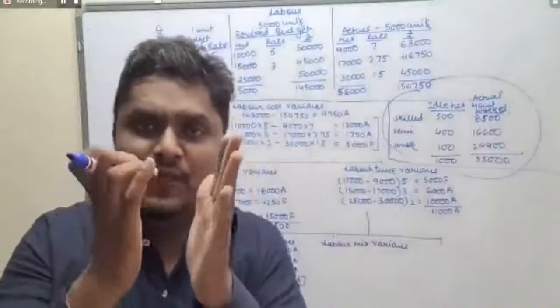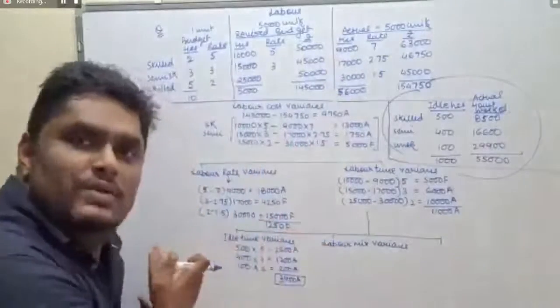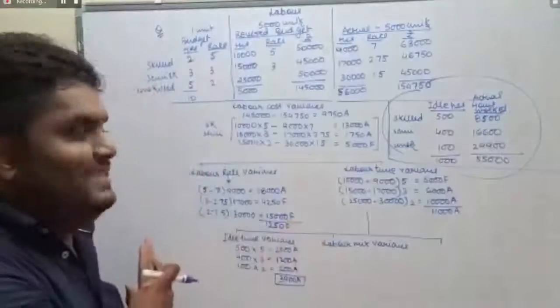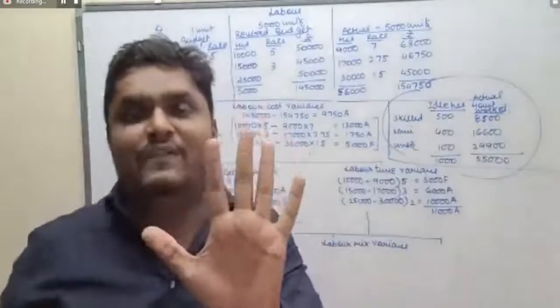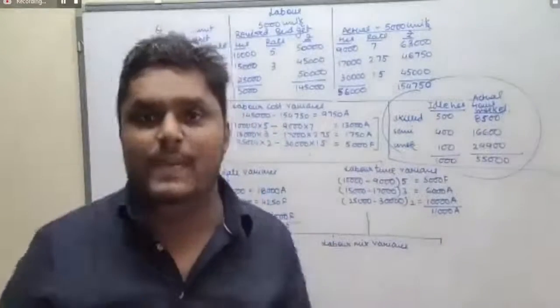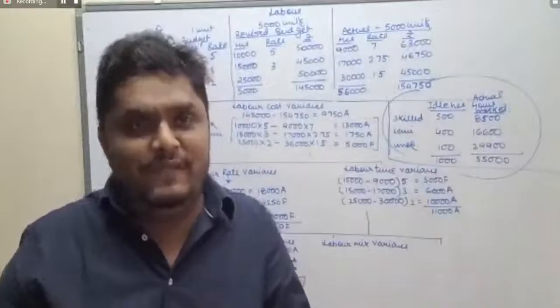Because out of these 56,000 hours, the difference of 1,000 hours is idle time, and that we have already considered in this part. So we are left with 5,000 hours. So the labor mix and yield will be calculated as per the remaining 55,000 hours.